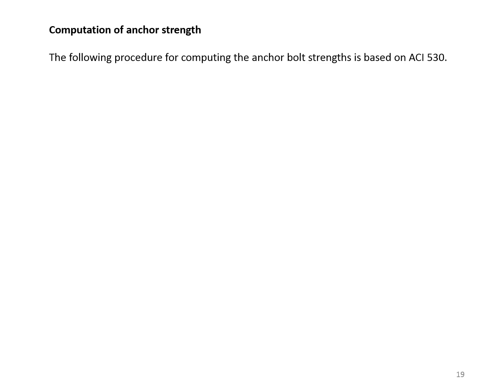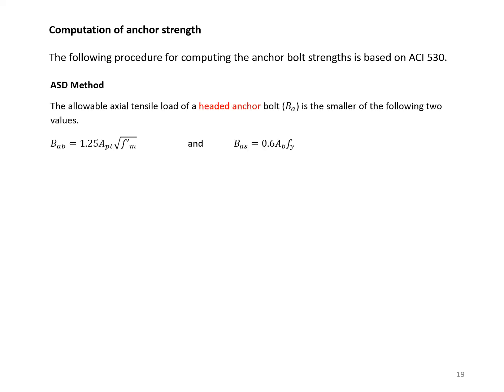Computation of anchor strength. The following procedure for computing the anchor bolt strength is based on ACI 530. The allowable stress design method. The allowable axial tensile load of headed anchor bolt, BA, is the smaller of the following two values.